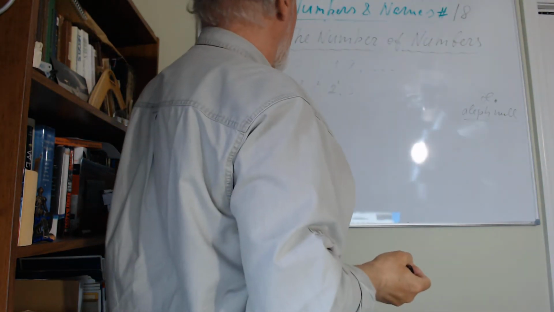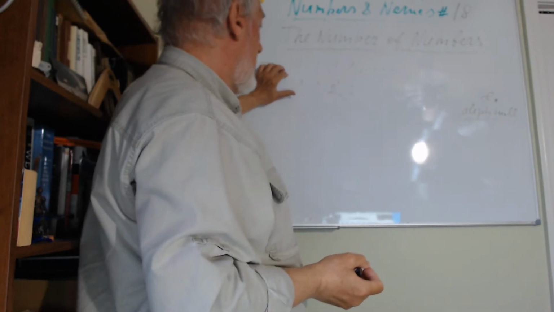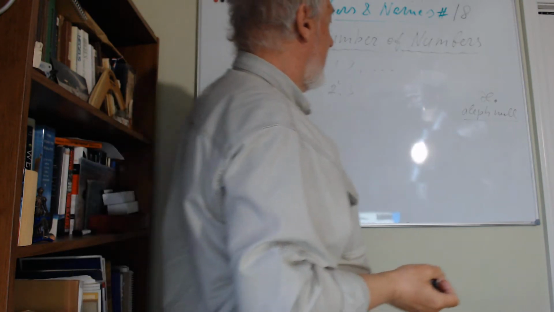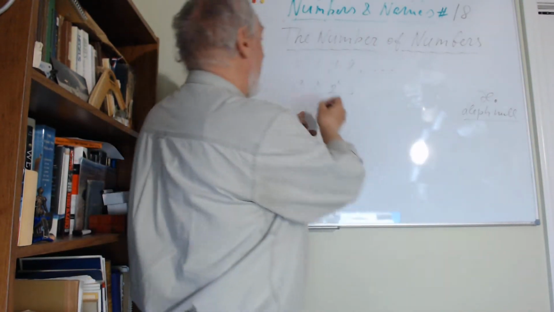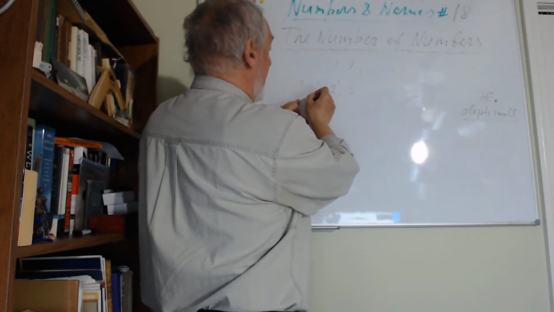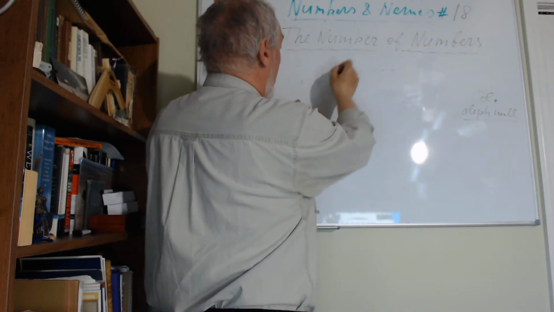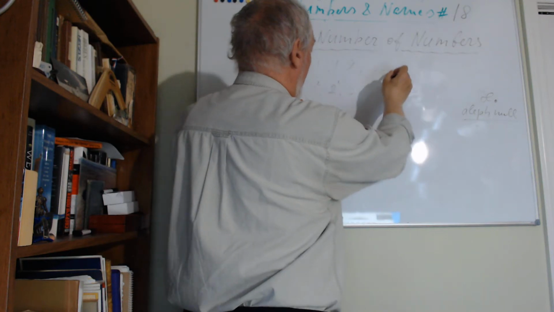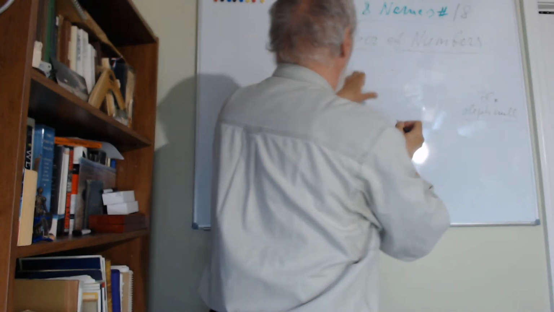How many of them would there be? It would still be infinite, because we have labels for each square, 1, 2, and so on. They're still labeled.